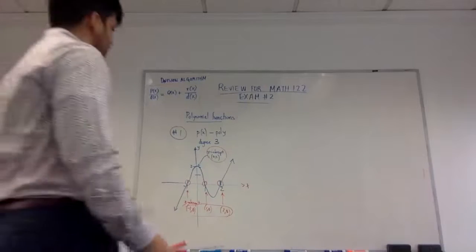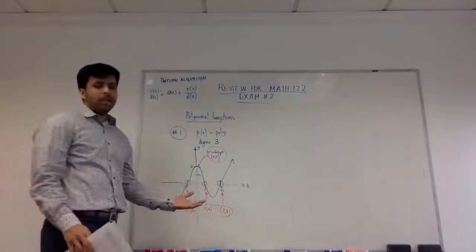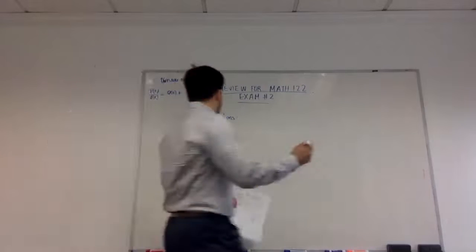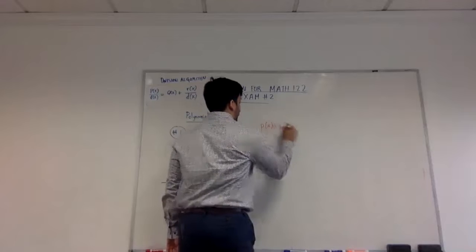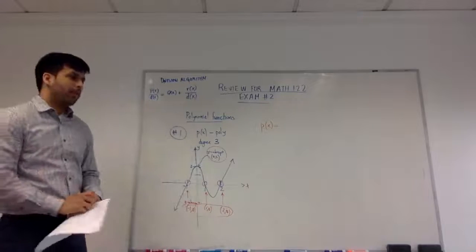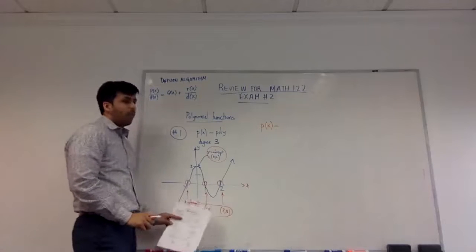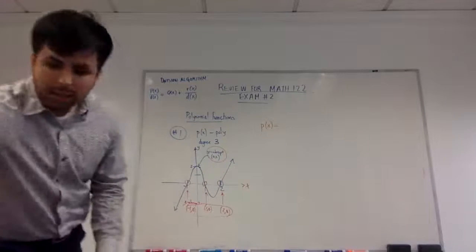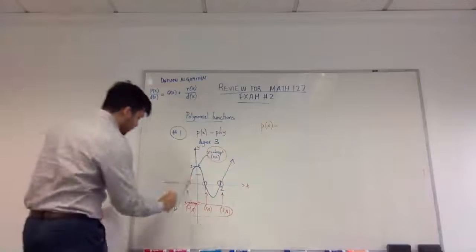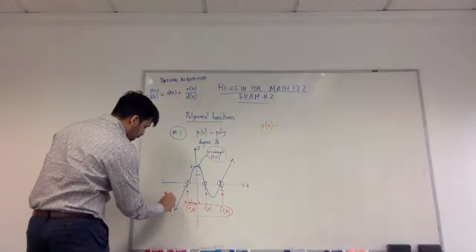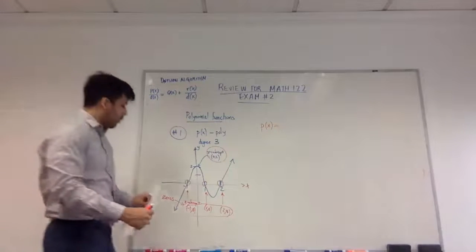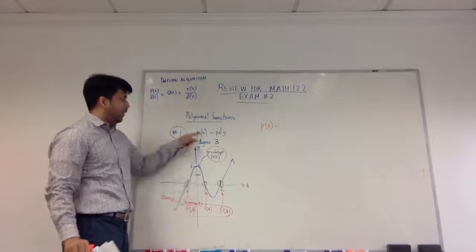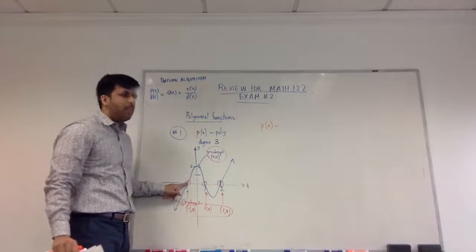Now, how do I deal with this? Why does this help me? Well, again, I want a polynomial, right? And what I know about polynomials and the x-intercepts, these are also known as zeros. Why are they called zeros? Because when you plug in the x value into this polynomial, my y value is 0.